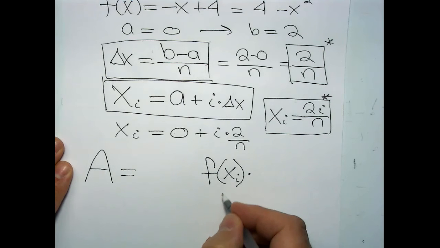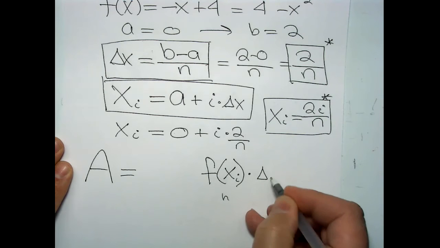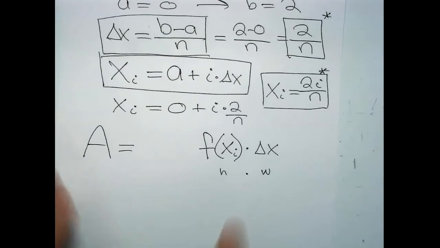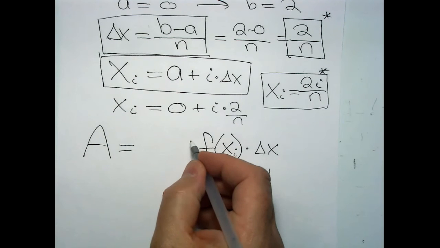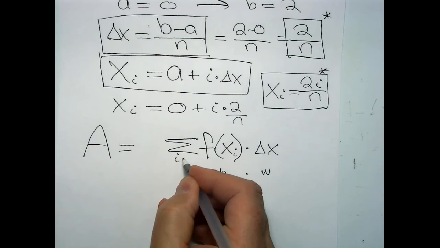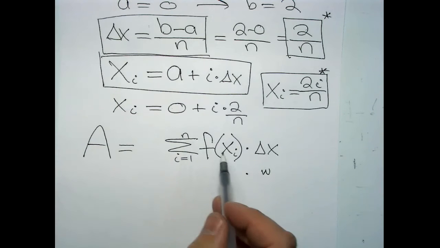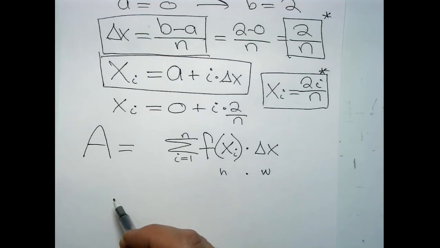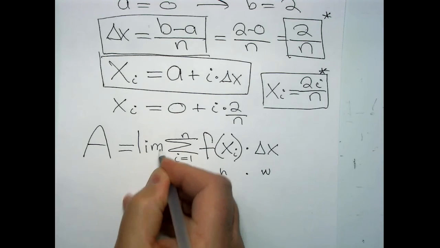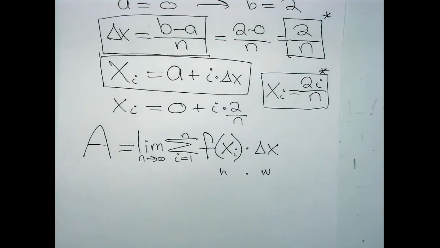And then we multiply that height by the individual width of each rectangle, which is delta x. Now that's only one rectangle right there. I want them all, and the way to get them all and sum them together is to use that sigma and sum from i equals 1 to n. If this n was 4, you'd add 4 rectangles. But the ultimate in getting exact area is to push that n right out to infinity. And that should get me the exact area.